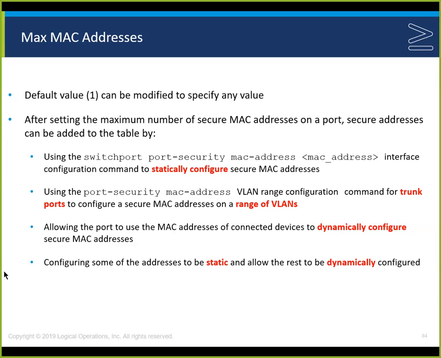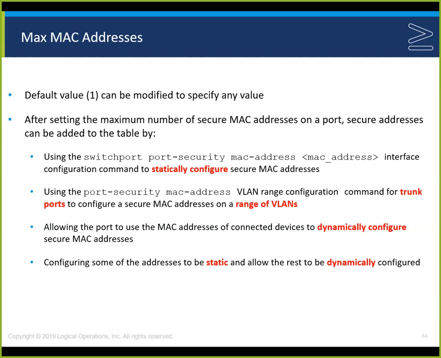Switchport port-security mac-address configuration is used to statically configure the secure MAC addresses, and switchport port-security mac-address VLAN range configuration command from the trunk port, so we can configure it to accept VLANs when we do these things.